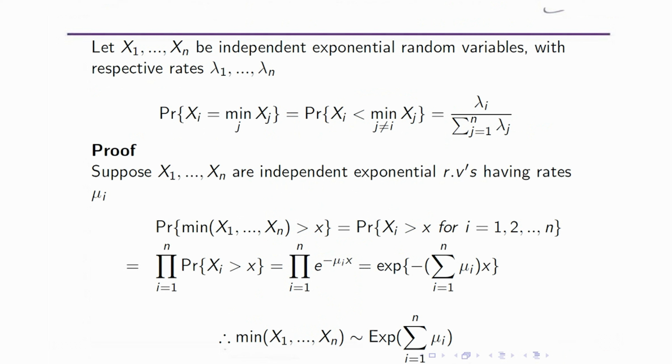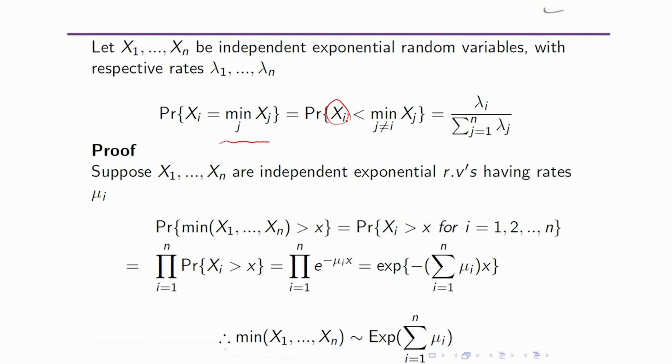Let X1, X2, up to Xn be independent exponential random variables with respective rates lambda 1 up to lambda n. Then the probability that Xi will be the minimum of Xj, where j can be 1, 2, 3 up to n, is equal to, because Xi is the minimum, Xi less than the minimum of Xj, j not equal to i.